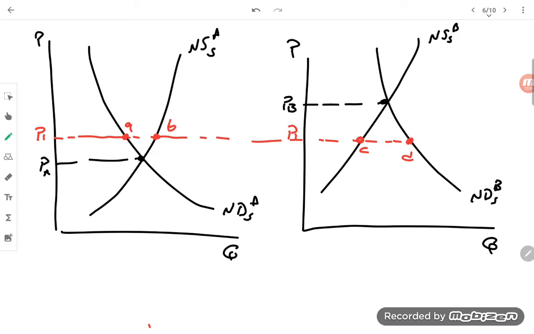Country A will produce B1B and consume B1A.